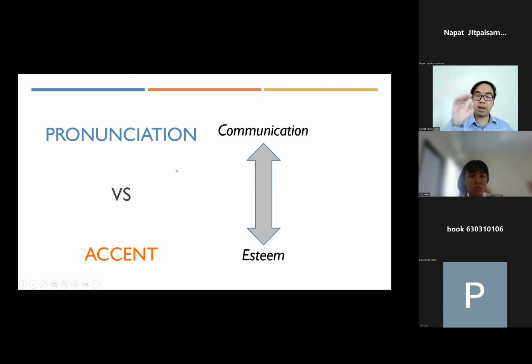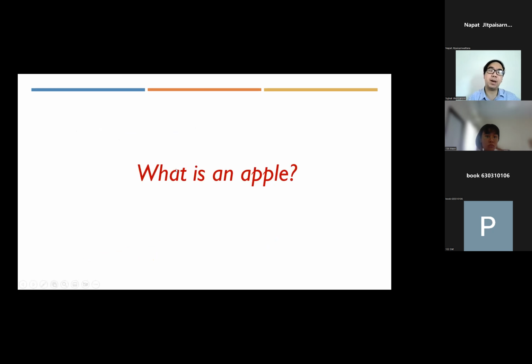To give you a clearer understanding of this situation, I would like to ask you a very simple question. What is an apple? It's a fruit. Fruit? Okay. So if we ask a little kid to go to the market and bring back an apple, we have to be more specific, right?